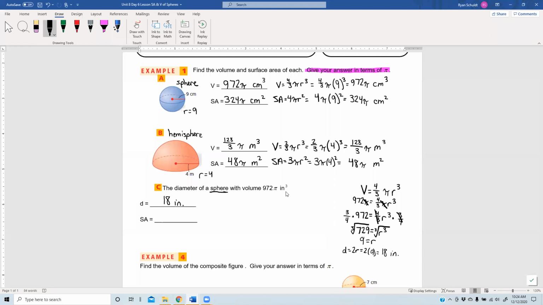Then it asks for surface area. So surface area is 4 pi r squared.